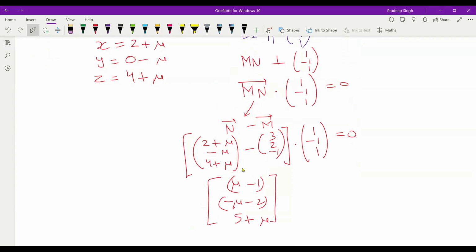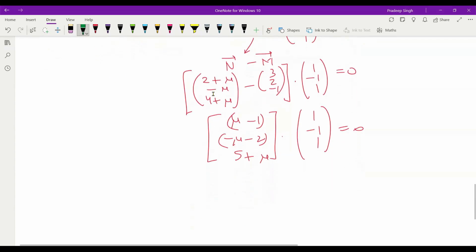Now we take the dot product with (1, -1, 1) equals 0. How do we take the dot product? We multiply the x components together, we multiply the y components together, and we multiply the z coordinates together, and then add everything and put that equal to 0.